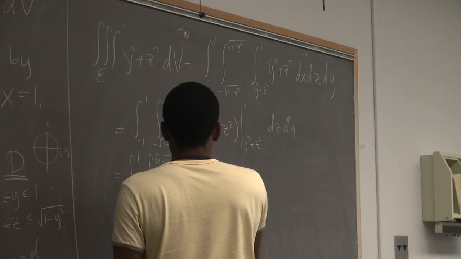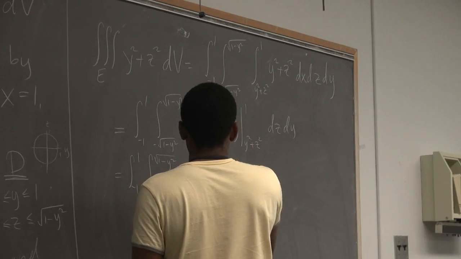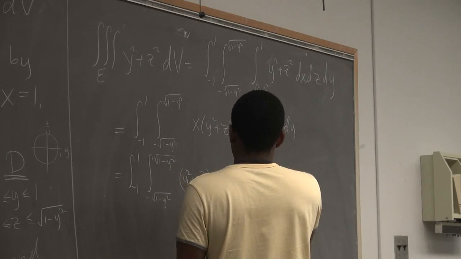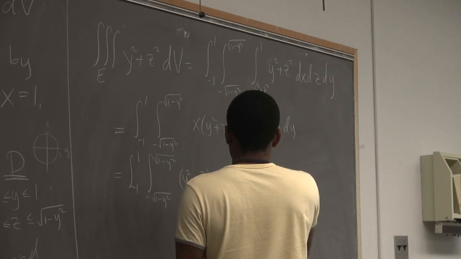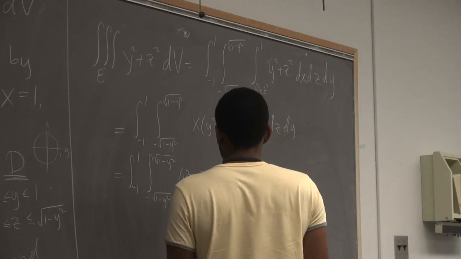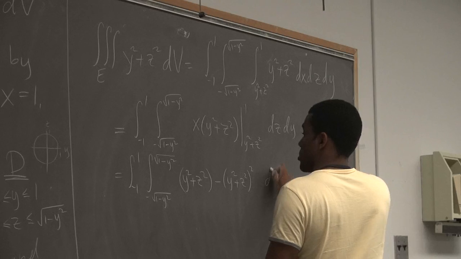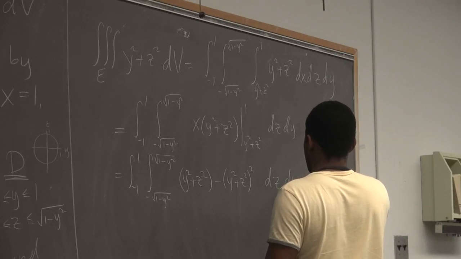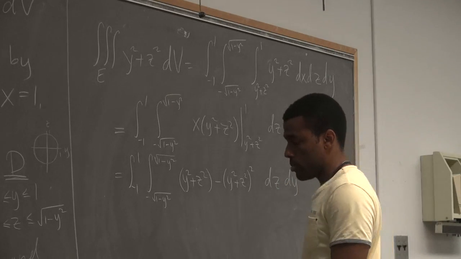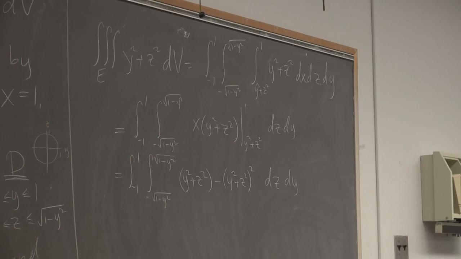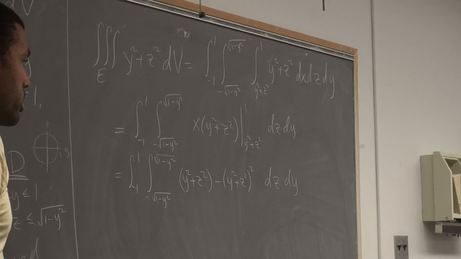So this is 1 times y squared plus z squared minus y squared plus z squared. Now what do you notice about that?